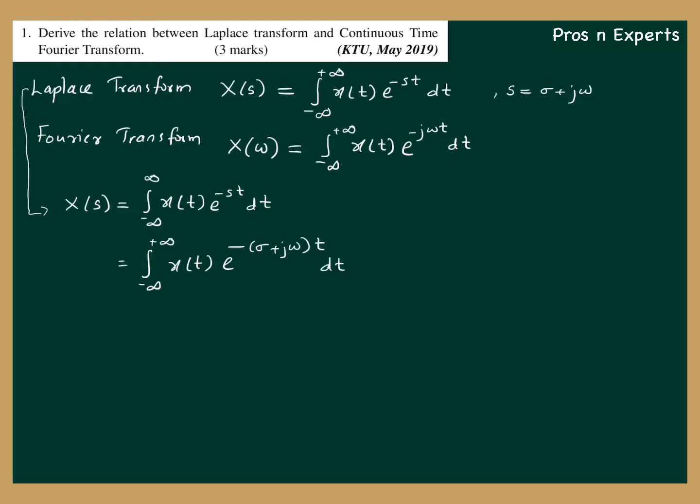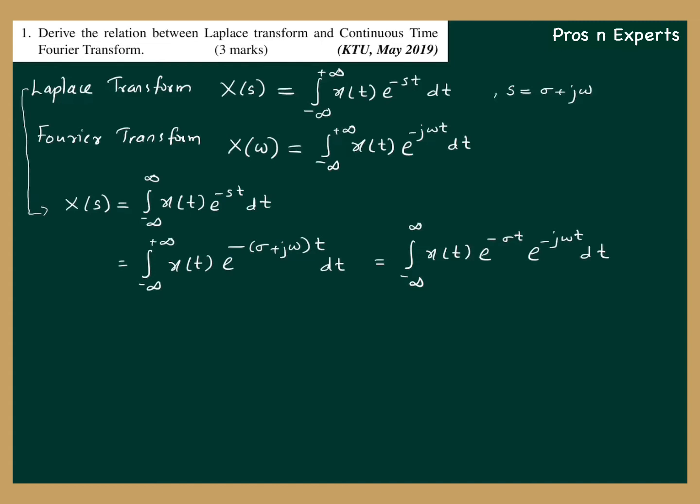Now let me expand this exponential, which will give the integral from minus infinity to plus infinity of x(t) e raised to minus sigma t, e raised to minus j omega t dt. Is that right? Fine.